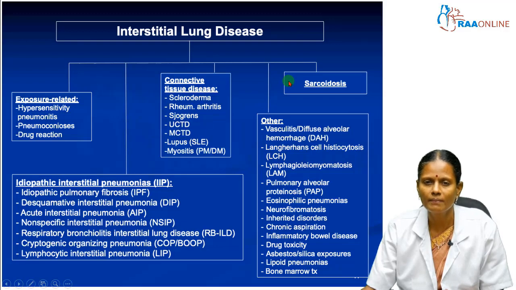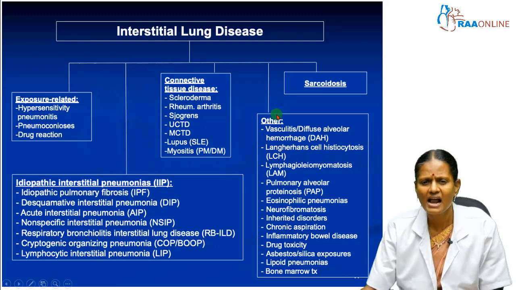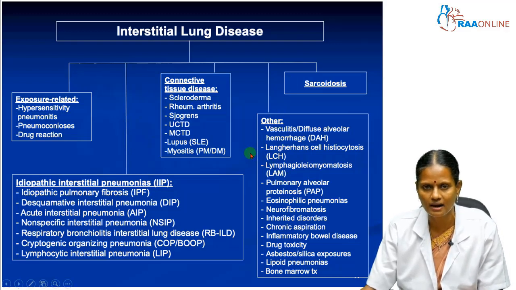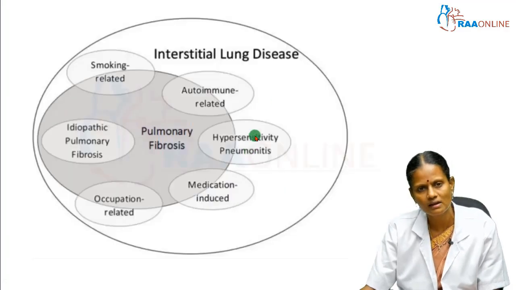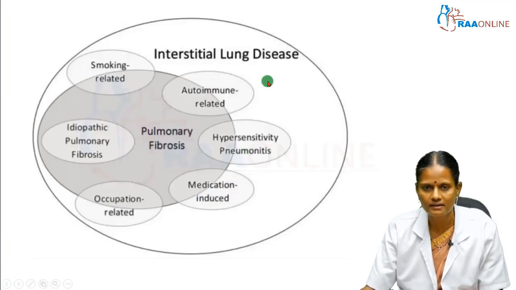Sarcoidosis is a granulomatous disease of multisystemic involvement which produces significant interstitial lung involvement. These are the other etiological factors, and we will see interstitial lung diseases under these major headings.